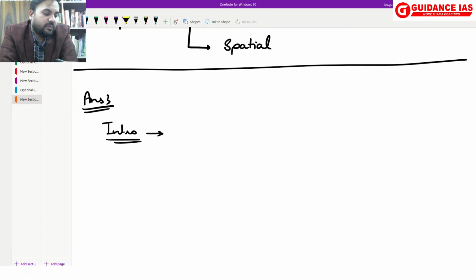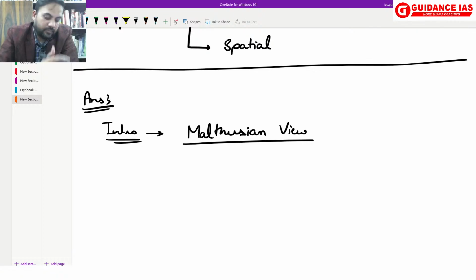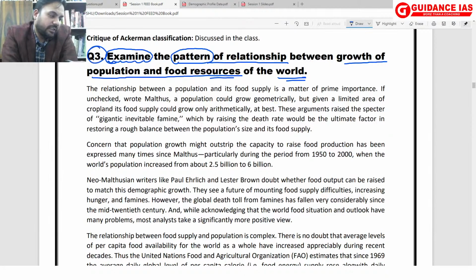Can I start with Malthus? Malthusian view. Yes or no? Look, it is written here: the relationship between population and its food supply is a matter of prime importance. If unchecked, wrote Malthus, a population could grow geometrically, but given a limited area of cropland, its food supply could grow only arithmetically at its best.